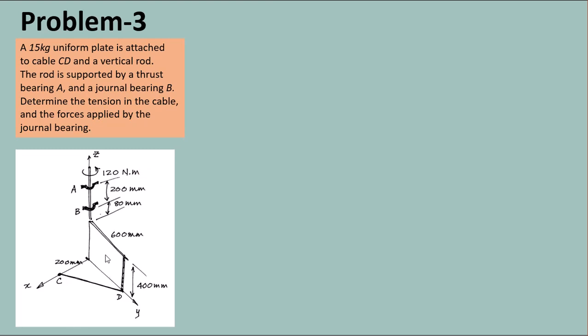So the total loading consists of the weight of the plate and the couple. We are going to insert all the lengths in millimeters, so do not forget to convert this from 120 Newton meters to 120 Newton millimeters, which is easy. We just have to multiply by 1,000.